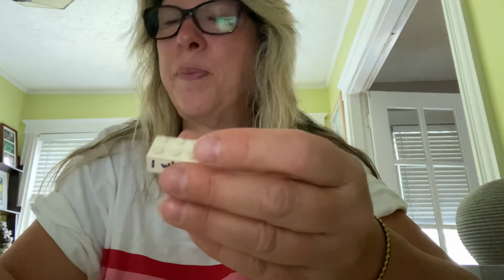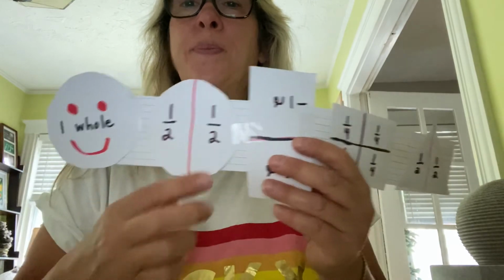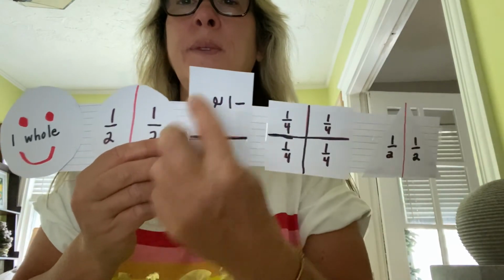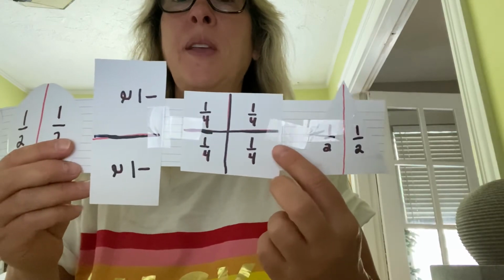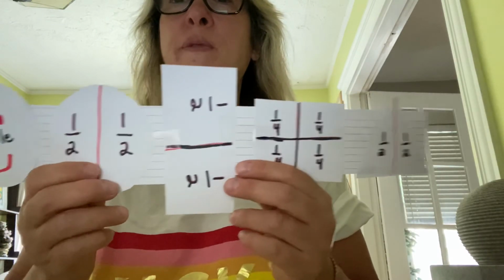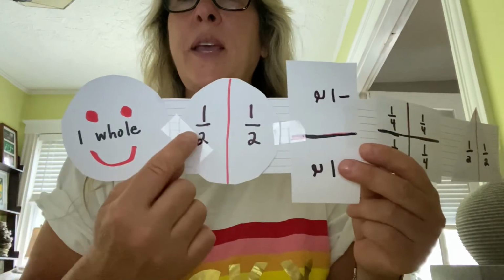See that? So today, I thought maybe you could make your own fraction snake, just like I did. I cut out some shapes. You just get some paper and cut out some circles, or some rectangles, or some squares, or some triangles, and fold them in half or in fourths so that they're equal parts, and then label the parts.